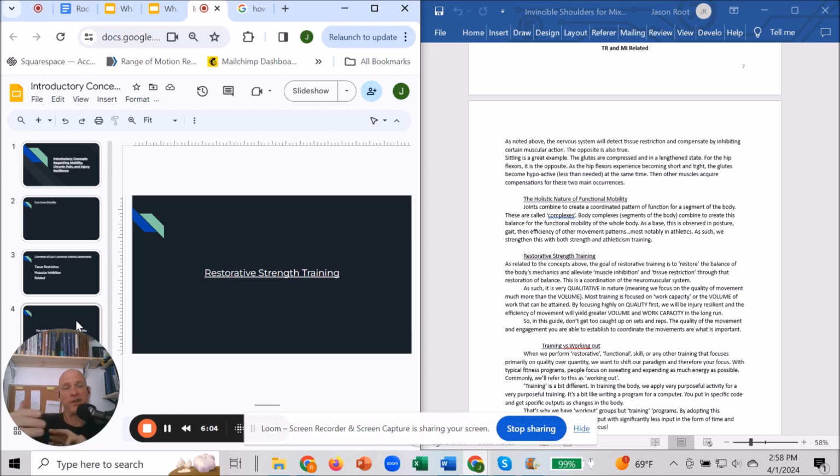And then we'll try to integrate everything into a pattern that is much more functional. All of this is restorative strength training, but this is the corrective training you usually think of in terms of restorative strength training. Like, this might be bridges or planks or stuff like that.